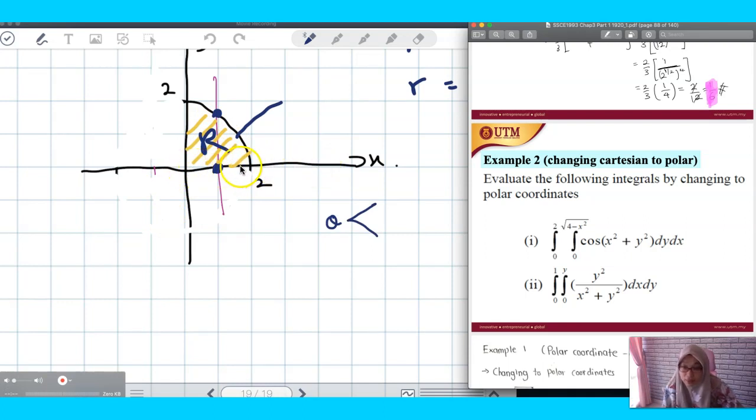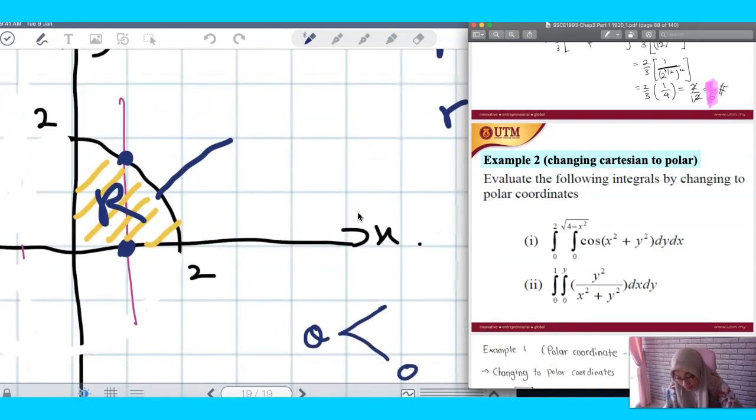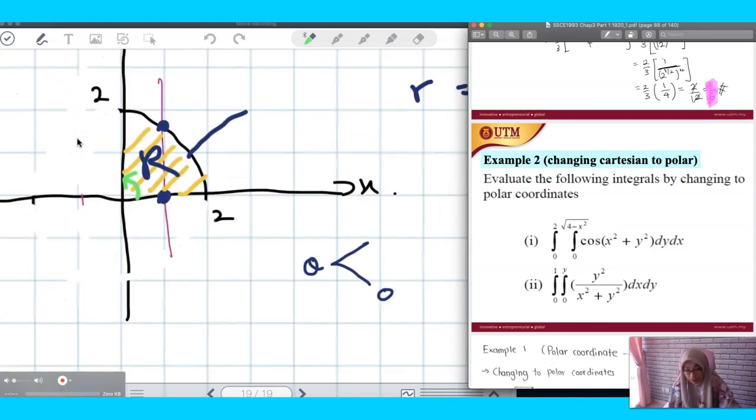First quadrant means the smallest theta should be 0, because part of the region also lies on the positive x-axis. So theta should be 0. And then the highest theta that we should consider here, so now we are talking about the angle, should be 90 degrees, because 90 degrees is part of the positive y-axis. So we should put 90 degrees, which is pi over 2.